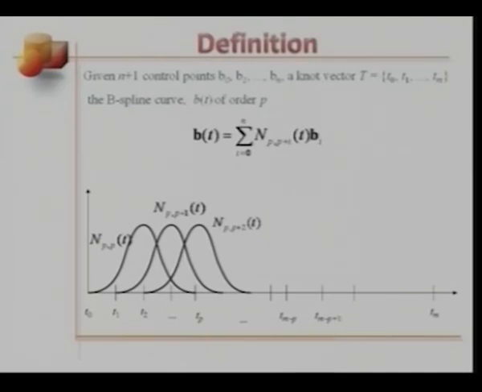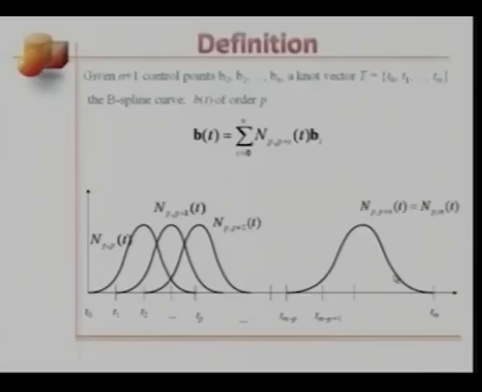We keep on continuing until we plot the last basis function, of which the last knot is Tm and the first knot is Tm minus p. This is, of course, N n,p of t, which is the same as the last function ending at Tm. Note the last knot over here, Tm.